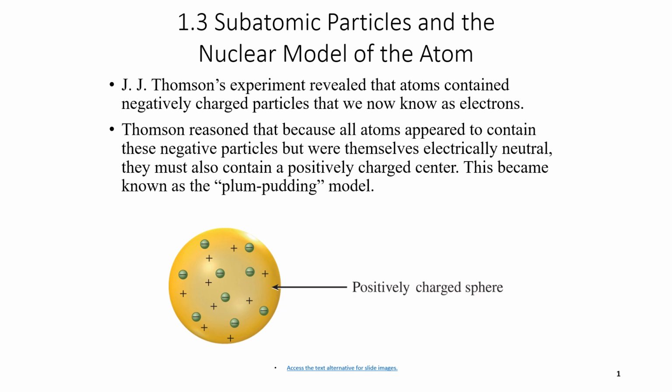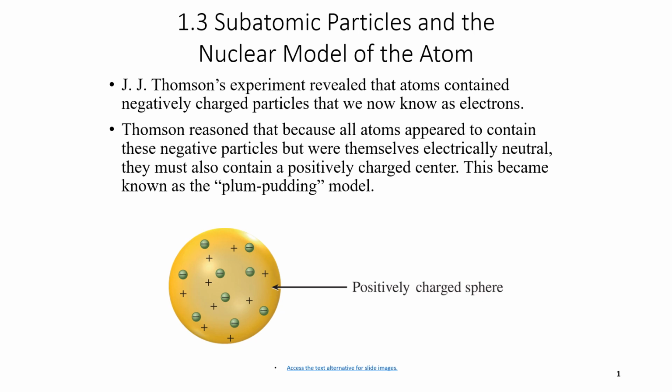Thomson also thought that because the atoms themselves are neutral, there must be something that is offsetting this negative charge of these particles. And later on, we know that those particles were found, and they were called protons.